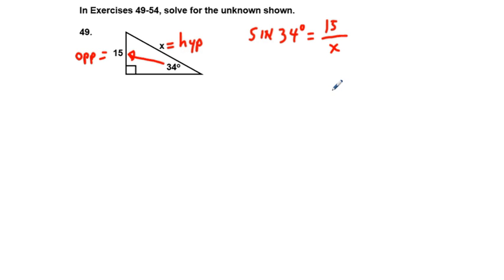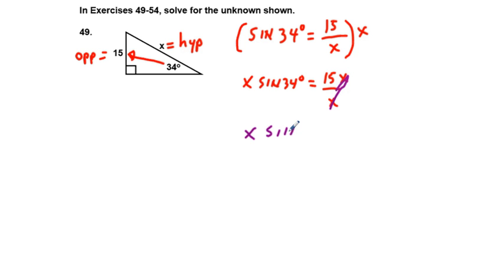And so to solve for x, we multiply both sides of this equation by x, so we get x sine 34 degrees equals 15x over x. We have a cancellation of x over x on the right side, and now we have x sine 34 degrees is equal to 15.